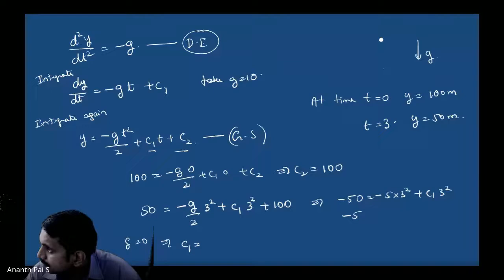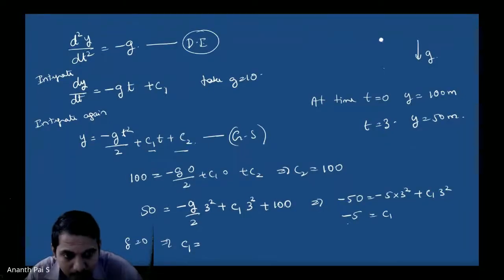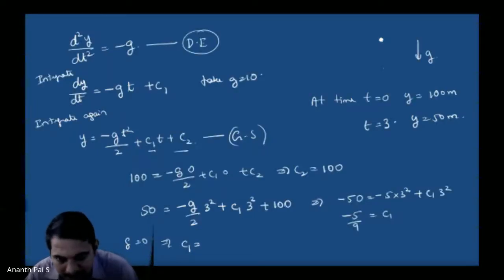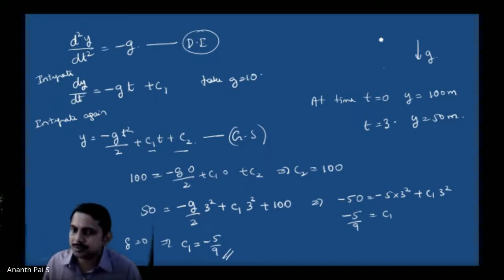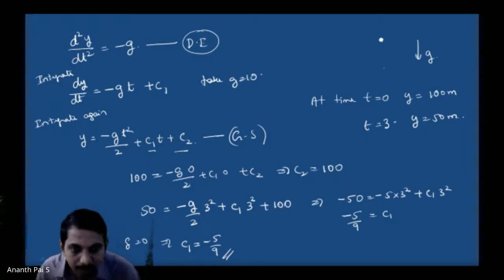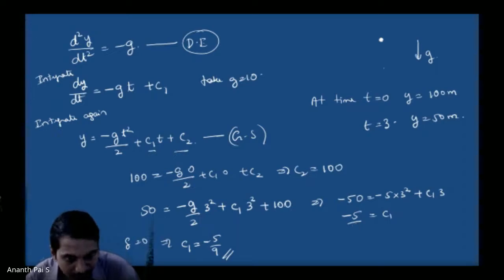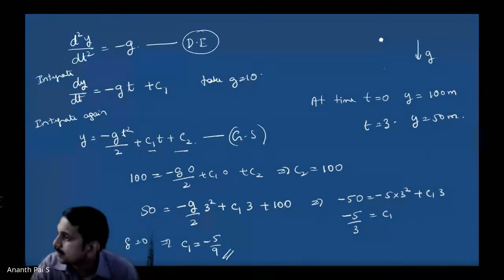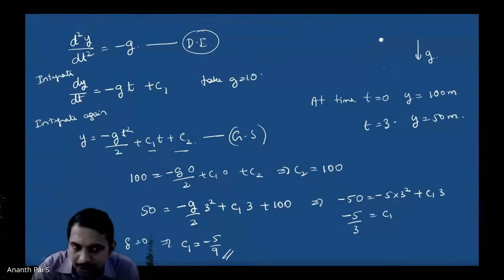You understand? Not 3 square, I'm sorry students. C1 into 3, minus 5 by 3 C1. Correct? Agreed?